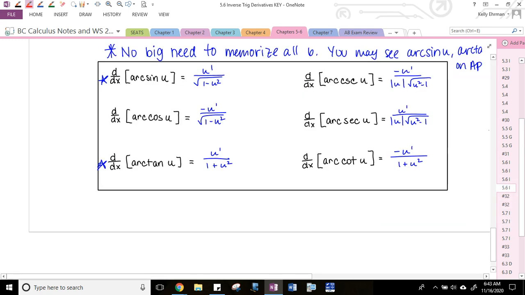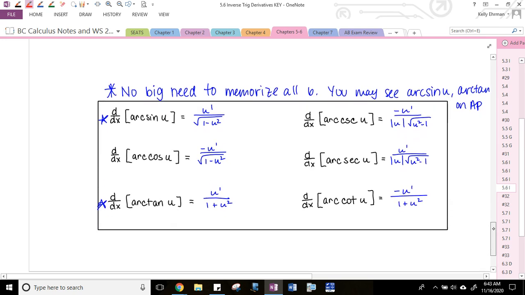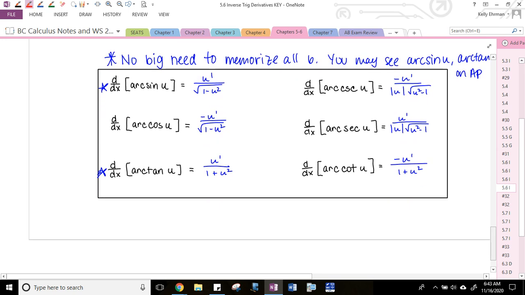looking at these patterns, I may or may not have pointed this out, but they basically come in pairs, right? So arc sine and arc cosine are almost the same thing, but arc cosine is negative. Arc tangent and arc cotangent are almost the same thing, but arc cotangent is negative.